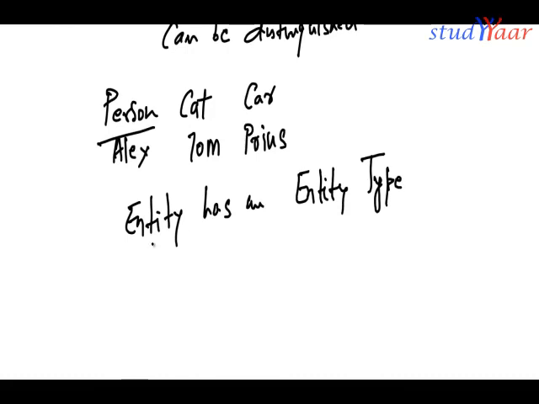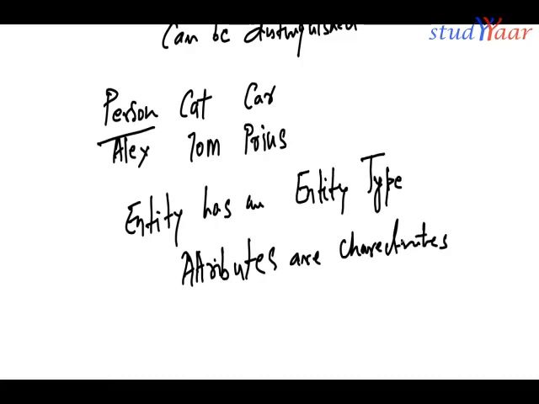The other thing that we have to understand here is an entity has different characteristics, right? And these characteristics are called the attributes of the entity. Attributes are characteristics.